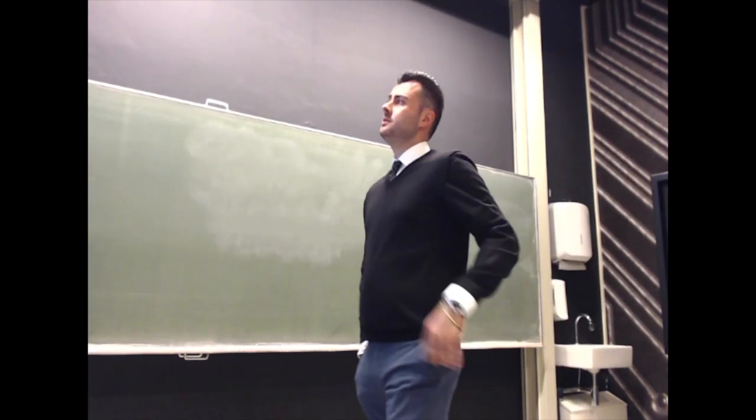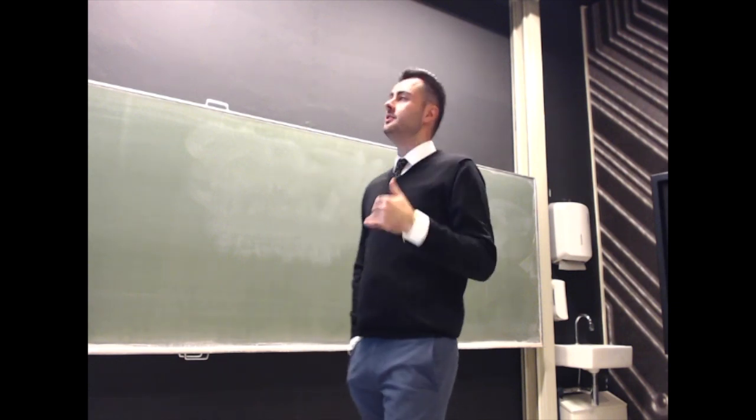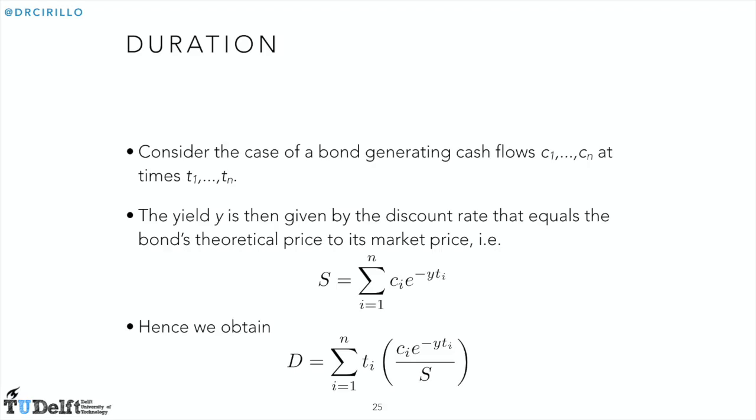Now, imagine that I have a bond that generates cash flows, that is to say, a bond that pays coupons C1, Cn at different time maturities, T1, Tn. Okay?